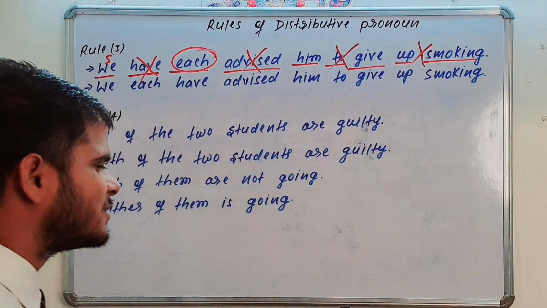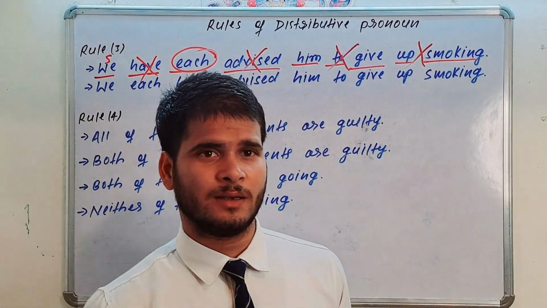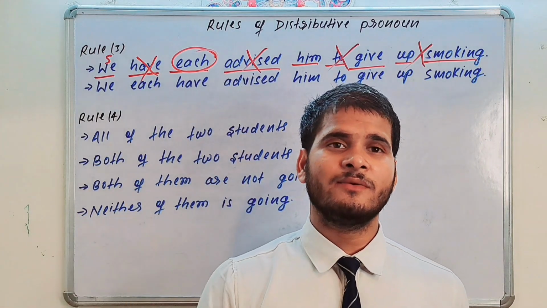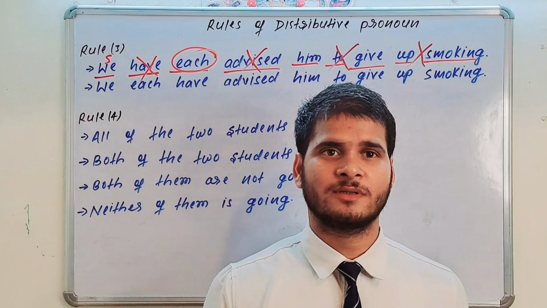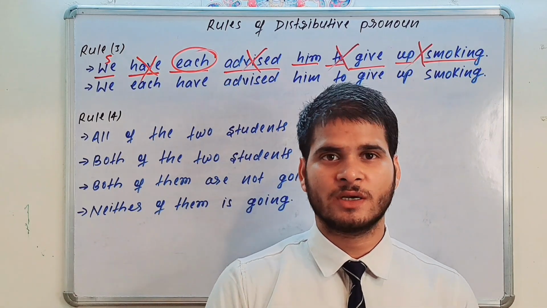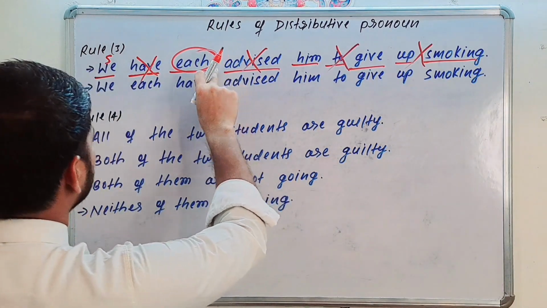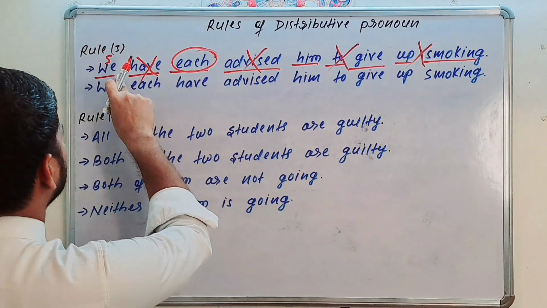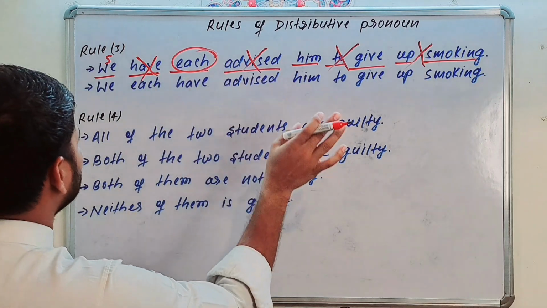Listen again, my dear students: if each is used for the subject, then it should be just after the subject and before any auxiliary verbs. But in the first example, it is used after the subject and after the verbs. So that's why the first sentence is wrong.